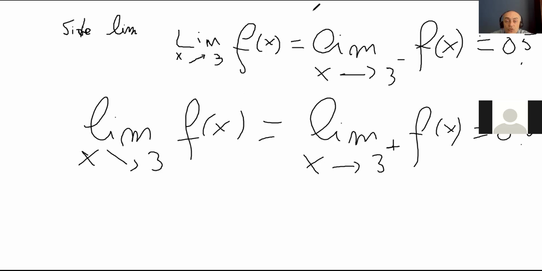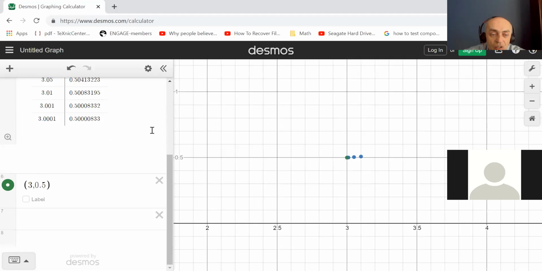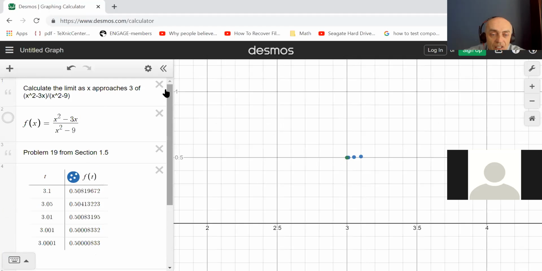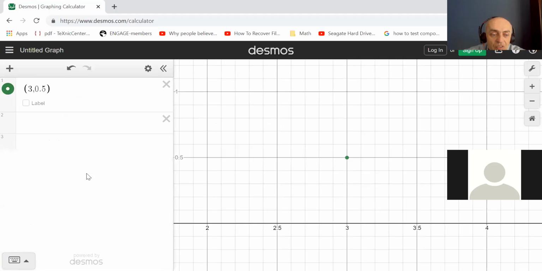Go back to Desmos. I have to go back because you cannot follow if I don't lead you there. All right, so let's go back to Desmos together, and I am going to click off all these things here just to clean up the screen. And I'll give you an example where the side limits are not equal.